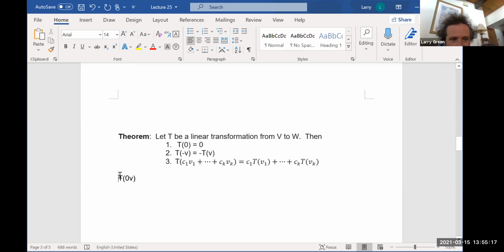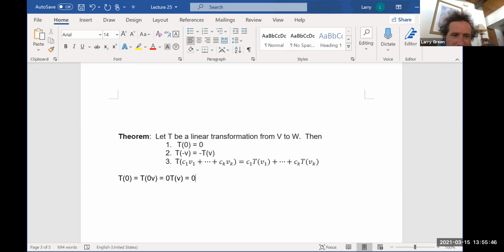Well, T of 0v is 0. Okay. But T of 0v is equal to 0 times T of v, because with linear transformations you can pull the constant out. But 0 times a vector is 0. There's the whole proof. Isn't that beautiful when you can prove it that fast?